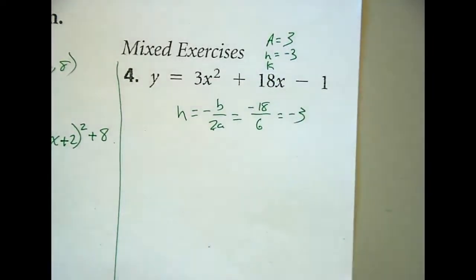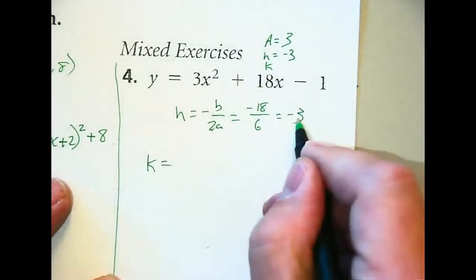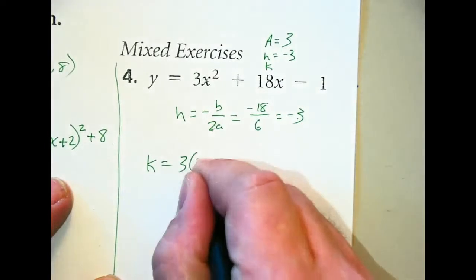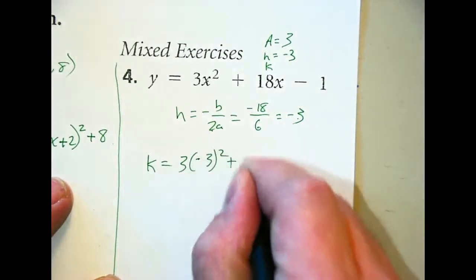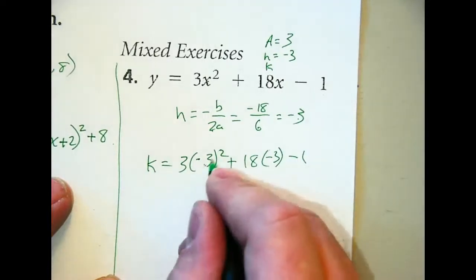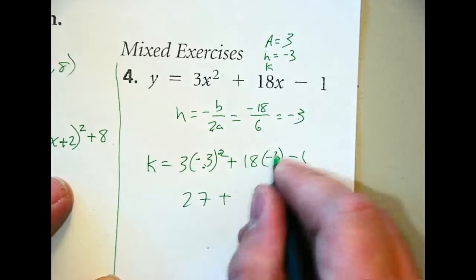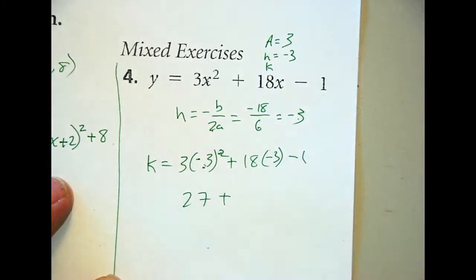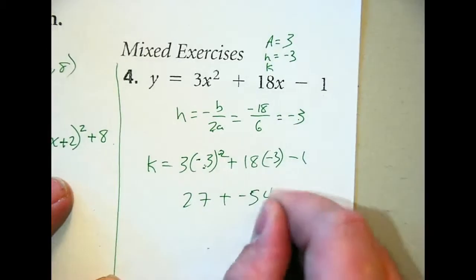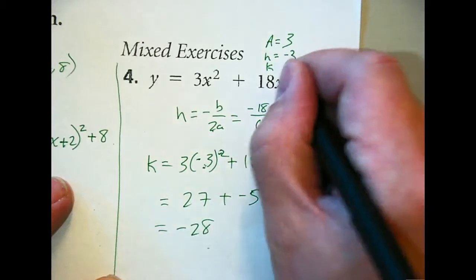Everyone get that so far? Yeah? To find k, we plug in h to x, so we get 3 times -3 squared plus 18 times -3 minus 1. Negative times negative is positive, 9 times 3 or 27, plus 18 times -3 is -54, minus 1 gives us -27 minus 1 or -28.